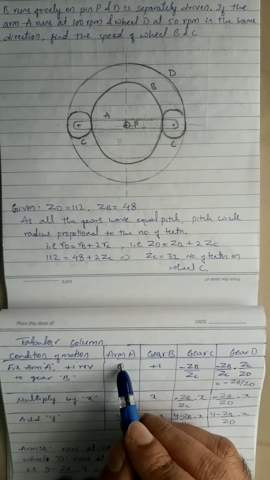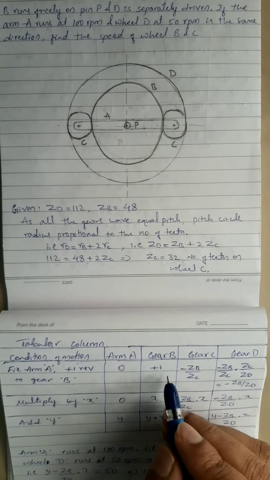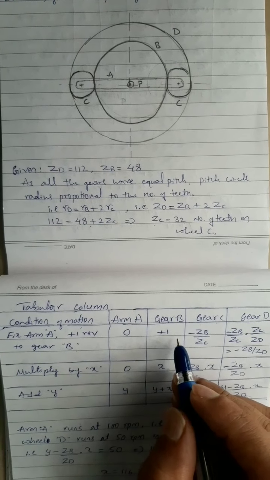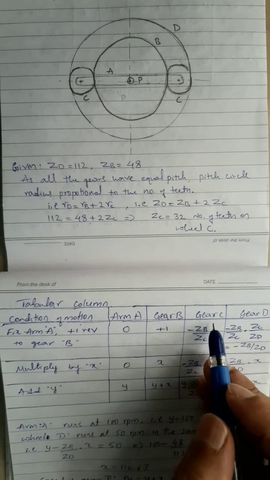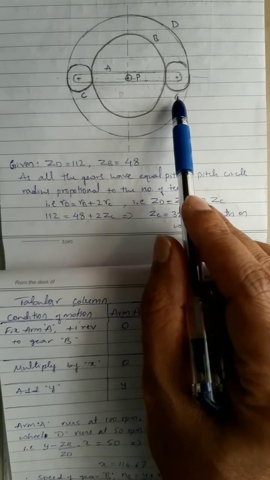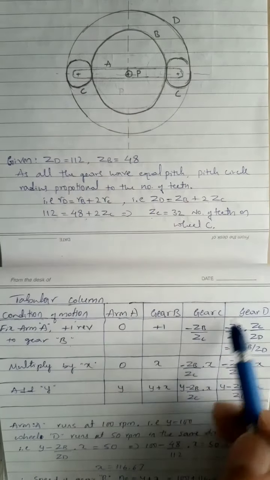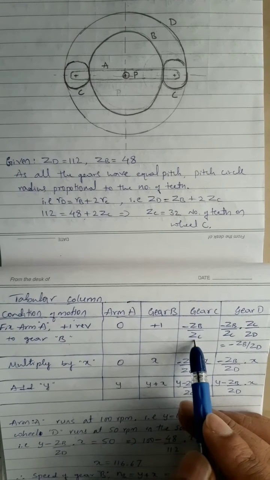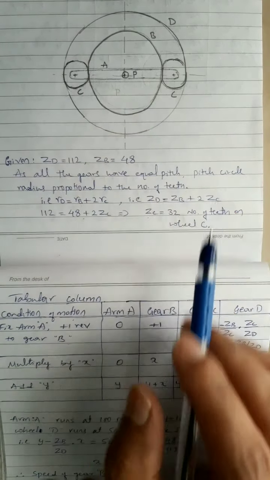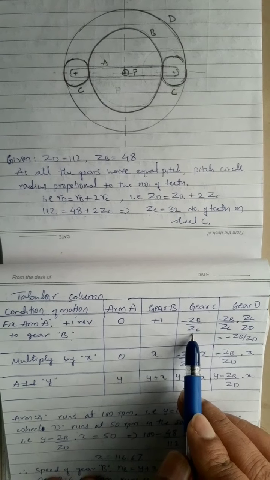So arm A I will write as 0 since it is fixed, and gear B will be written as plus 1, and next we have gear C. So if you look into the figure, gear C is driven by wheel B, so driver gear divided by driven gear. Since B and C will rotate in the opposite direction, it is minus ZB by ZC.